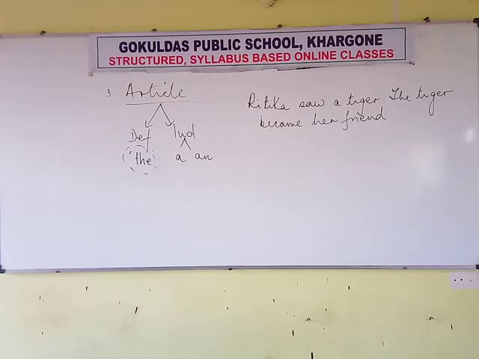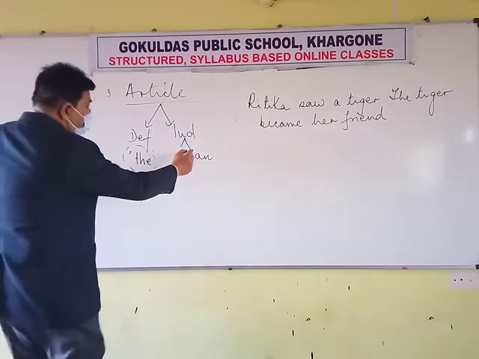I cannot say "the Vedic is a good boy." I cannot say "the Bombay is a big city." No. Before the name of a city or people, I do not use it. So that is "the." Now coming to this one.